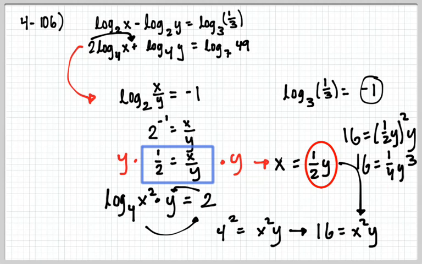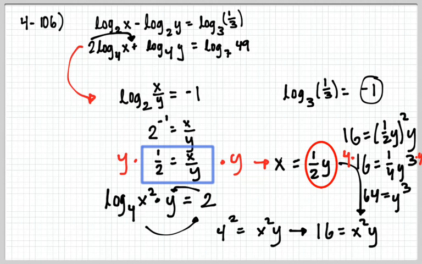That doesn't seem to come out right. Oh wait, we'll multiply each side by 4, so that will come out right. Multiply by 4 and by 4, we get 64 equals y cubed.